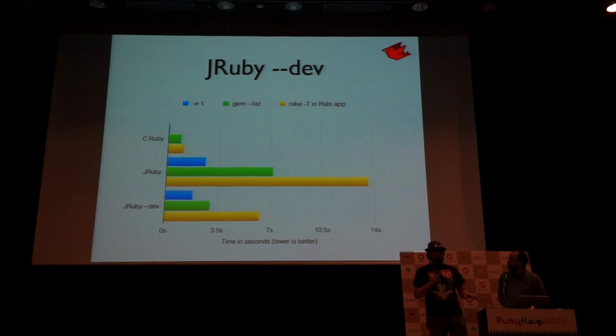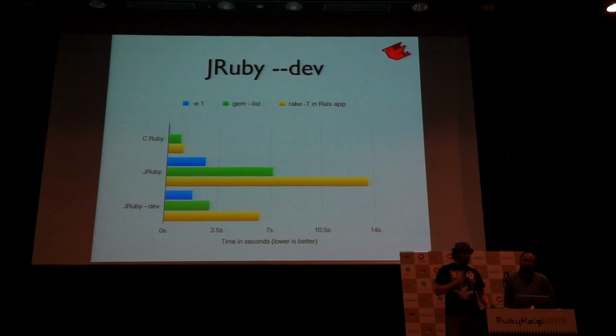So if the startup time is scaring you away from JRuby, definitely remember this flag. This is the best way to get good startup right now. But don't run it in production. Yes, don't run this in production because, like I say, it turns off optimizations and so on. But it can make development a lot less painful.